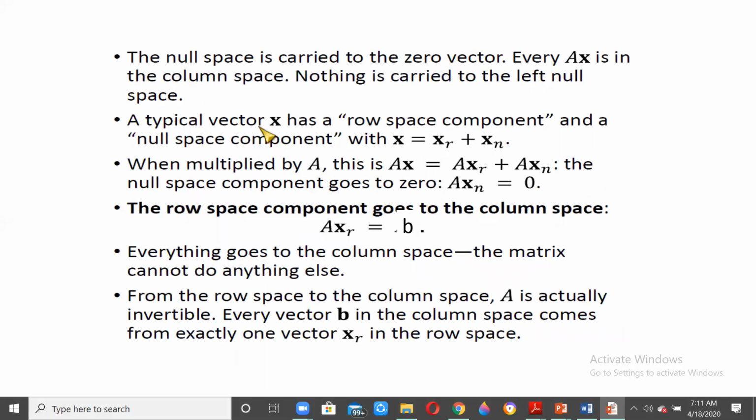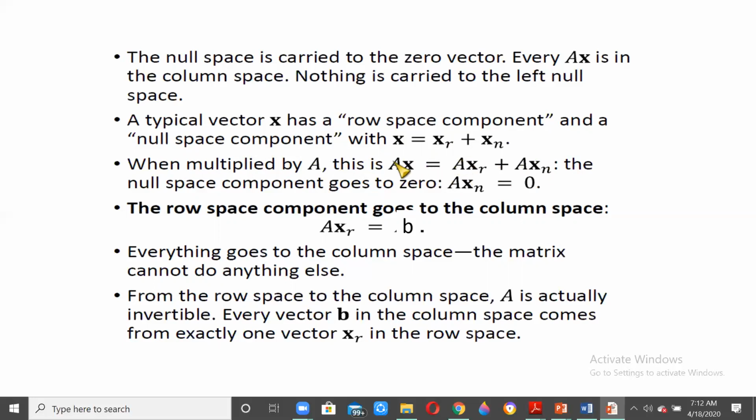A typical vector x has a row space component and a null space component. x has two components, row space as well as null space component, which is x equal to xr plus xn. When multiplied by A, this will just give you Ax equal to Axr plus Axn, and the null space component goes to 0, Axn goes to 0, and Axr will go to the column space.